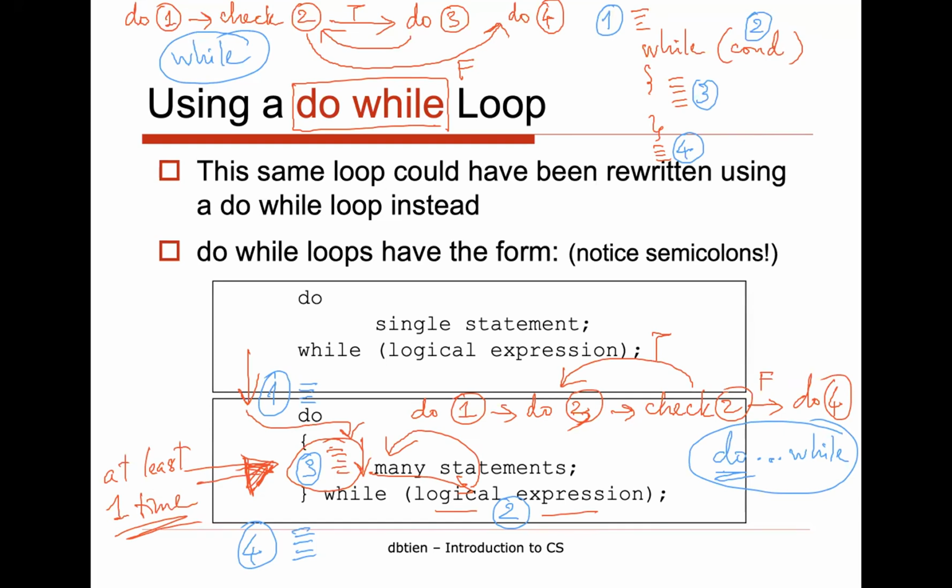At least one time we do number 3 because we do it first and then we check. If the condition is true, I will do more times on number 3. But whatever the condition number 2, at least we will do number 3 one time.